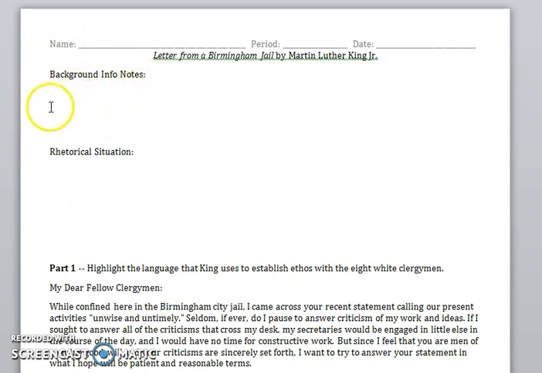The background info notes is what was going on during that time in history in Birmingham or in the South. And then the rhetorical situation is simply, why is Martin Luther King Jr. writing this letter? What's the purpose? And who's the audience? So you want to make sure that you have that completed as well.